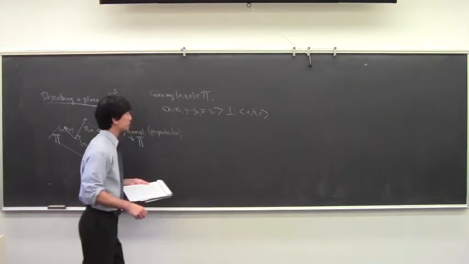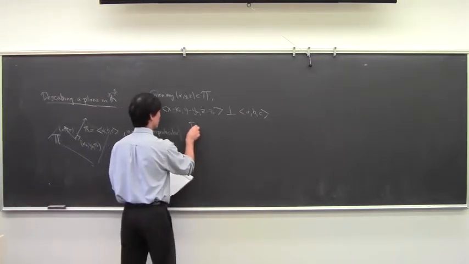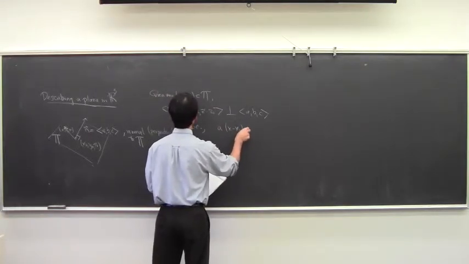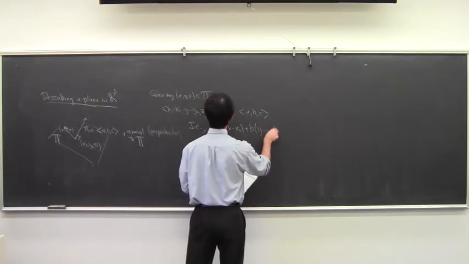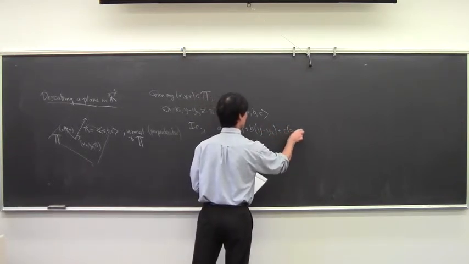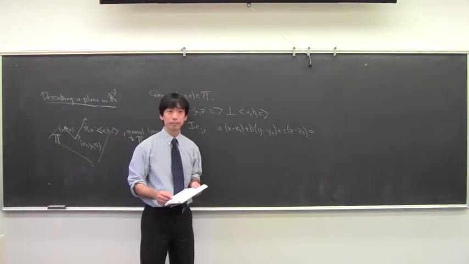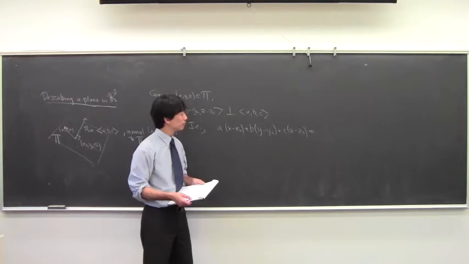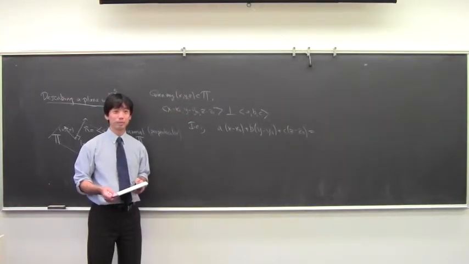x minus x0, y minus y0, z minus z0 is perpendicular to ABC. Right? In other words, A times x minus x0 plus B times y minus y0 plus C times z minus z0 is what?